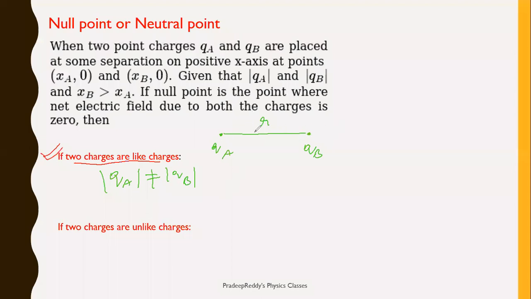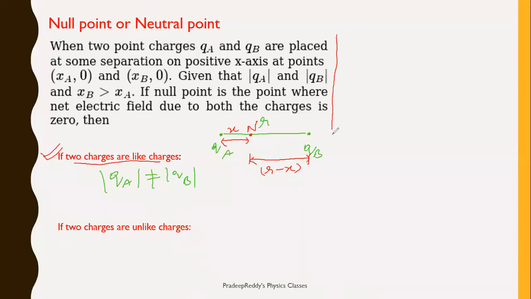Now for that, let me consider neutral point is at this position, say N, which is at a distance x from the charge QA. If that is x distance, then this distance will be R minus x. Fine.